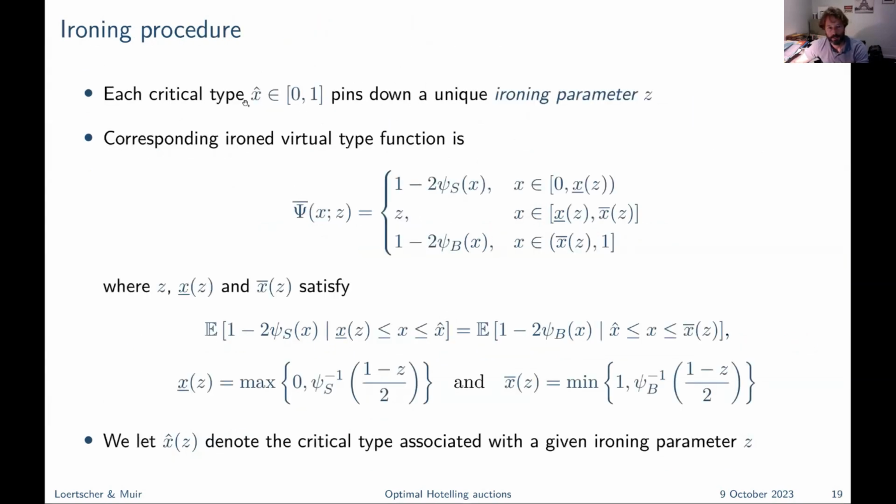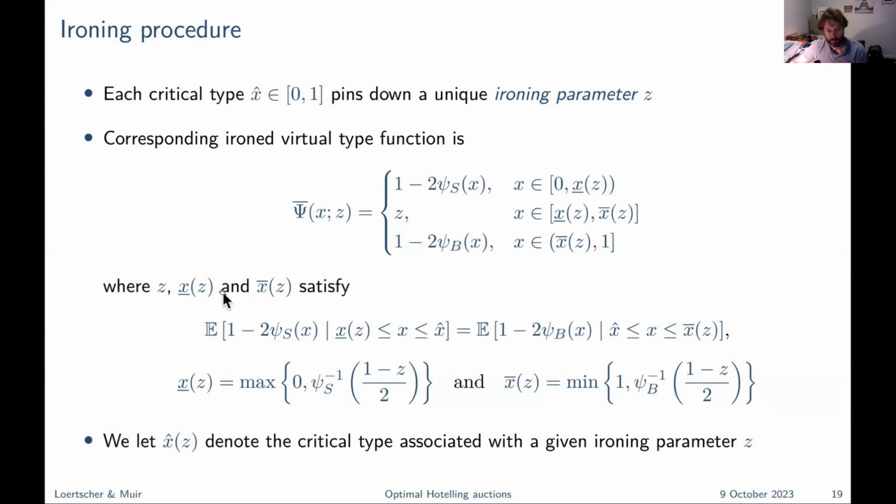Okay. And so each critical type X hat uniquely pins down an ironing parameter denoted by Z. And so we can write psi bar of X and Z as being equal to 1 minus 2 times the virtual cost for X less than some threshold, X lower bar, which depends on Z, equal to Z for all the X's within this ironing range, X lower bar to X upper bar, and equal to 1 minus 2 times the virtual value for X's that are larger.